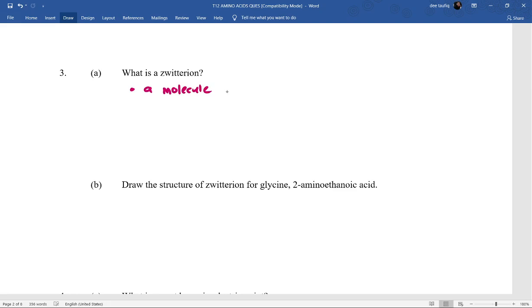A molecule which has, number 1, one part positively charged group.